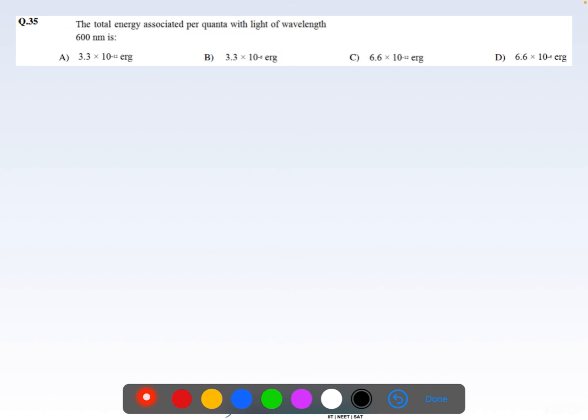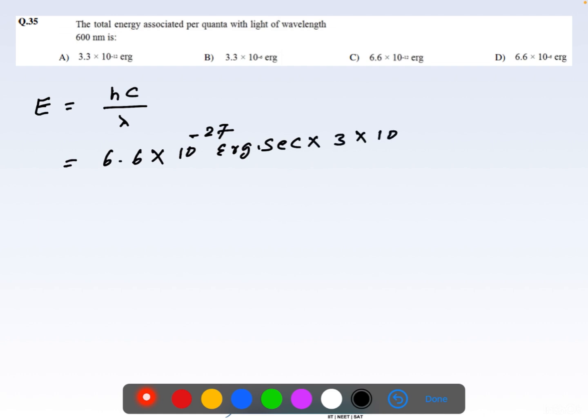The total energy associated per quanta with light of wavelength 600 nanometers is? We know that the energy of a radiation is equal to hc by lambda. Here h is 6.6 into 10 to the power minus 27 erg seconds, and c is 3 into 10 to the power 10 centimeters per second.